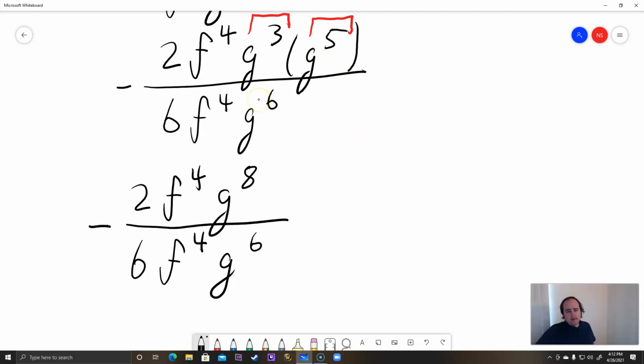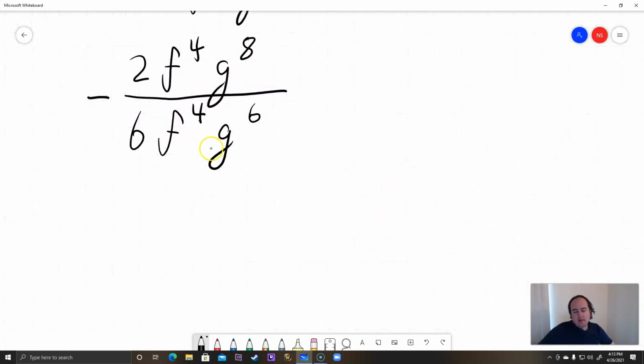Alright, so we took care of the numerator, so the numerator has been simplified, and now we're ready to go ahead and divide the top and the bottom. And remember, once again, the way you do that is you kind of break it into parts. So the first thing we need to focus on is the 2 and the 6. So those are constants, and we're looking for a common factor that we can divide by.